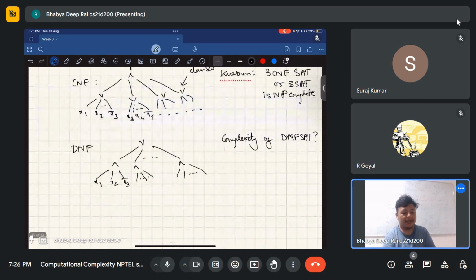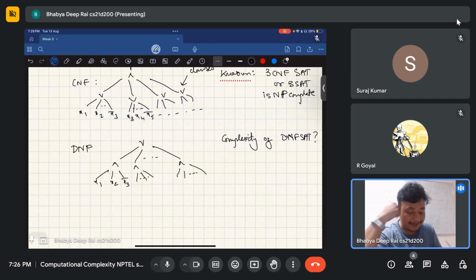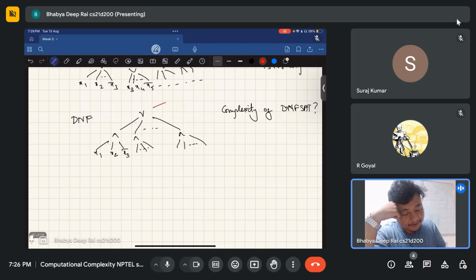Now my question is, what does it take for a given DNF to evaluate to 1? Let's say this DNF is satisfiable and evaluates to 1. What information can I give additionally? Let's say the OR gate output is 1.